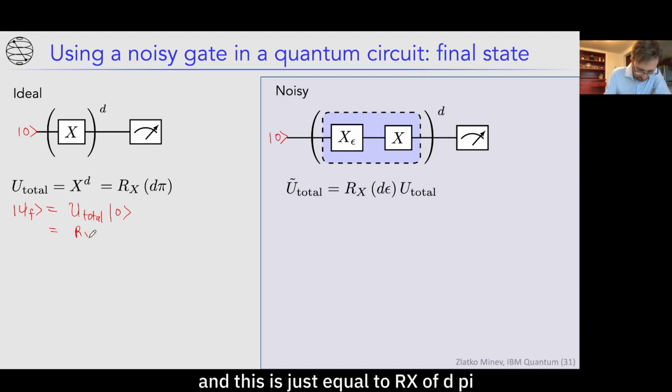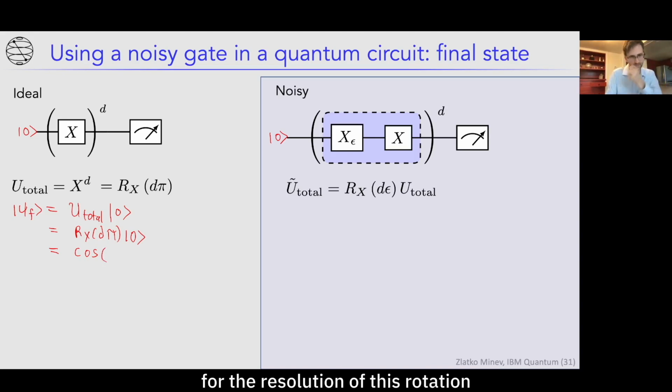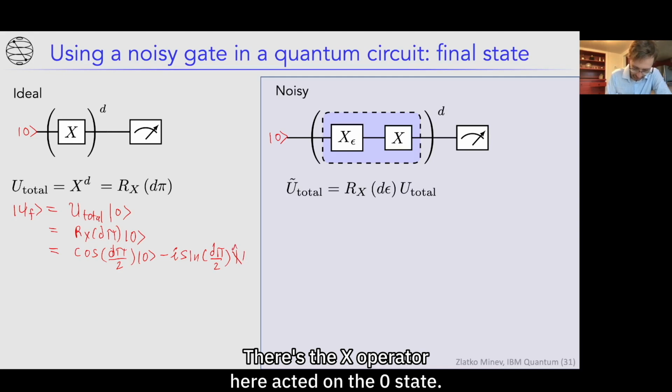And this is just equal to Rx of d pi acted on 0, which is just equal to, using our earlier identity for the resolution of this rotation, cosine of d pi divided by 2 acted on 0, minus i, notice that there's this phase here, sine of d pi divided by 2 acted on the x, there's the x operator here, acted on the 0 state.